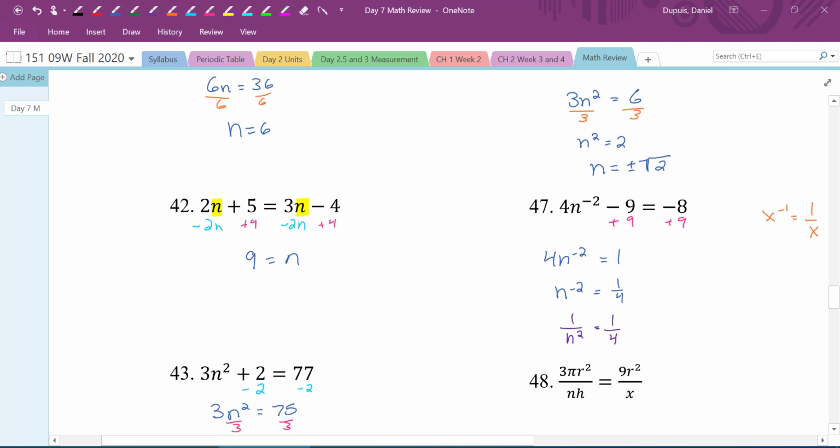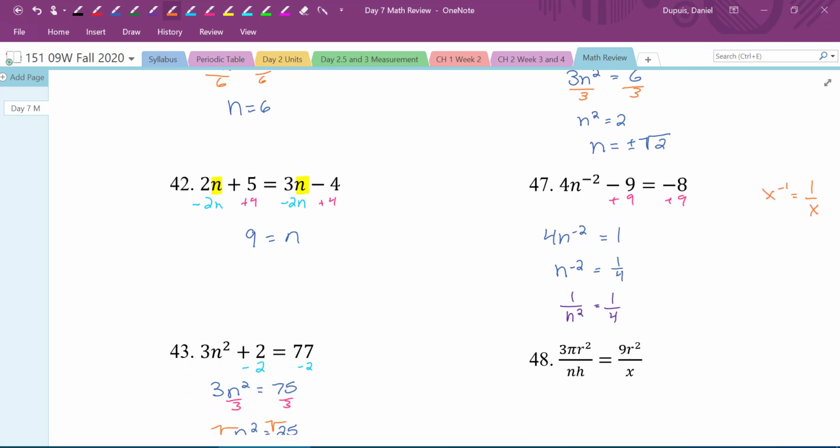Now I'm going to cross multiply here. If I cross multiply, I get 4 equals n squared. And then if I take the square root, I get plus or minus 2 equals n. And there we go.